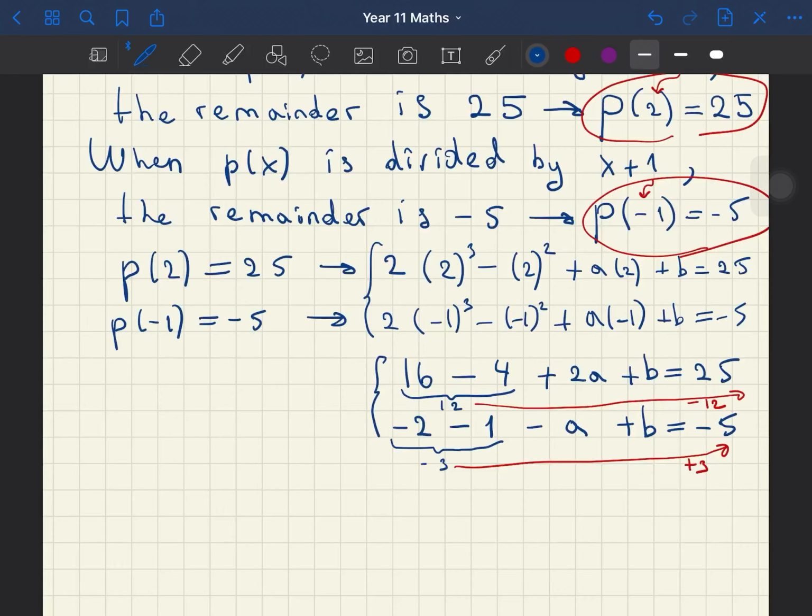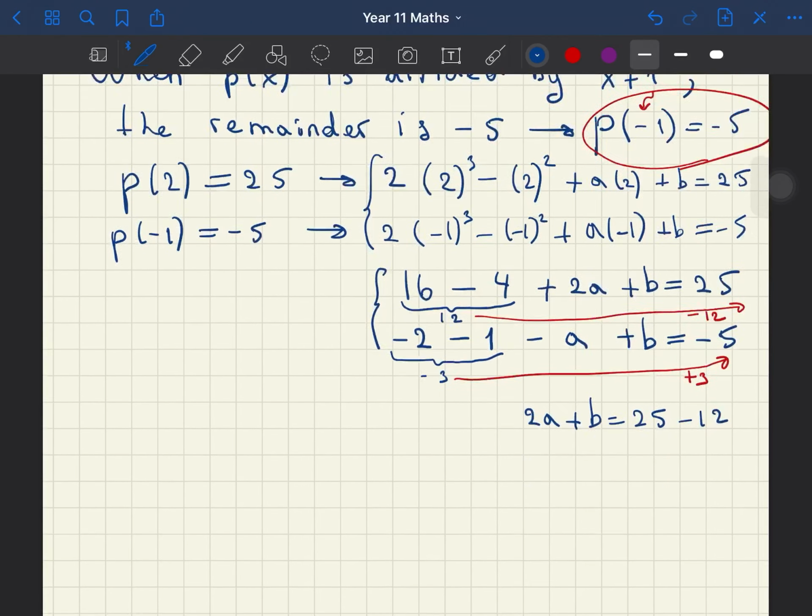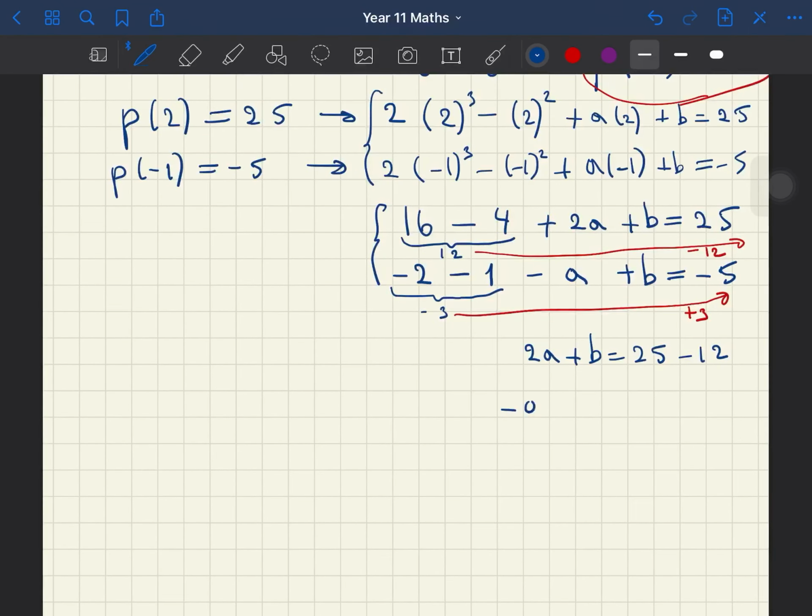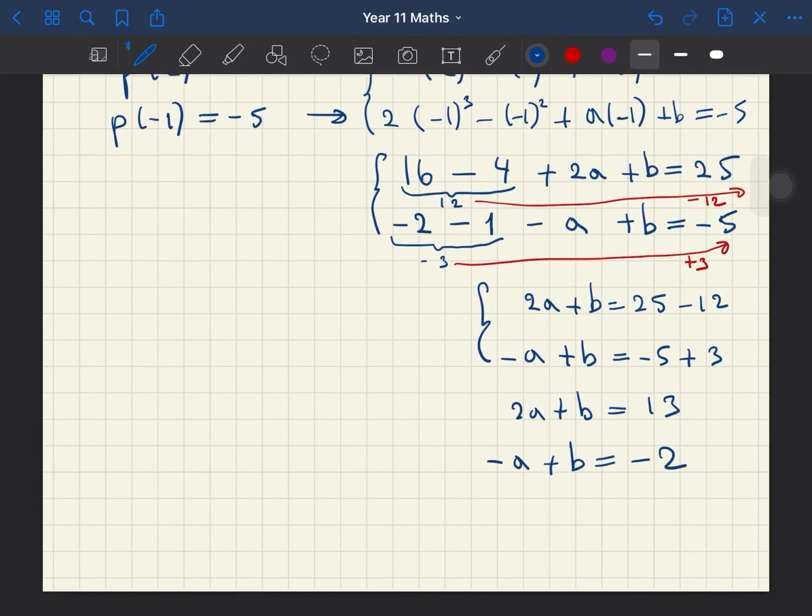So we get 2a plus b equals 25 minus 12, and minus a plus b equals minus 5 plus 3. So 2a plus b equals 13, and minus a plus b equals minus 2.